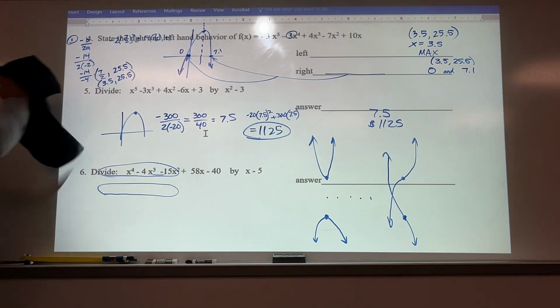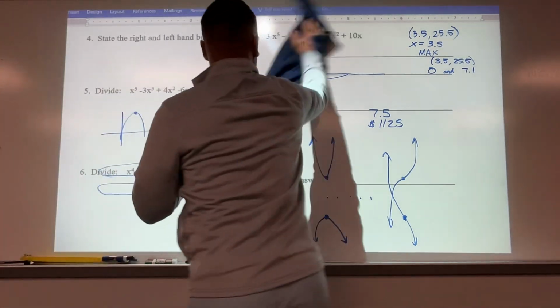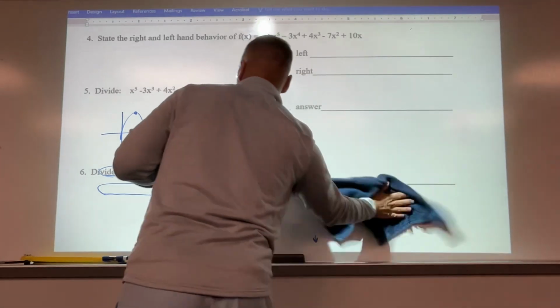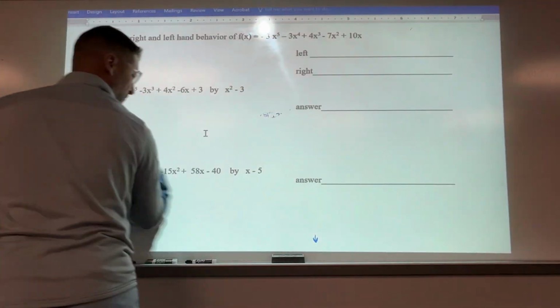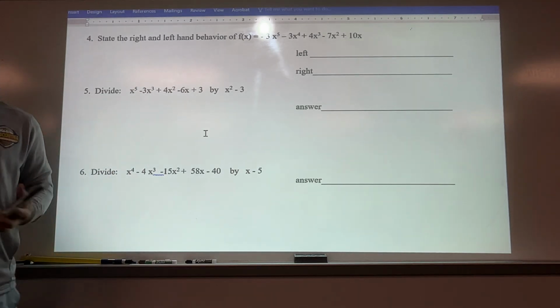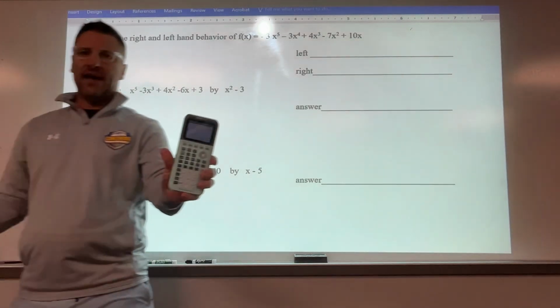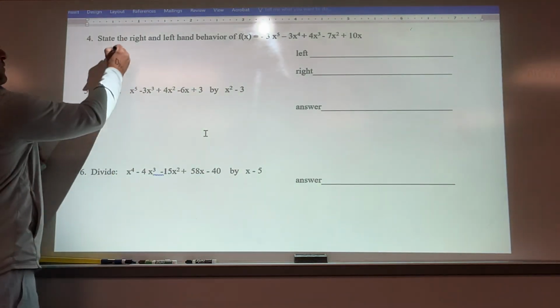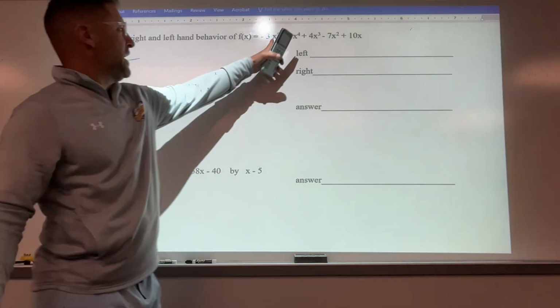Let's keep going. This one says, state the left-hand behavior and the right-hand behavior. And I want to make sure you state it in the proper format. So I don't really care if you plug it in on your graphing utility. You're going to have the ability to plug it in on this and see what it looks like. I don't even need to do that because here's what I know.